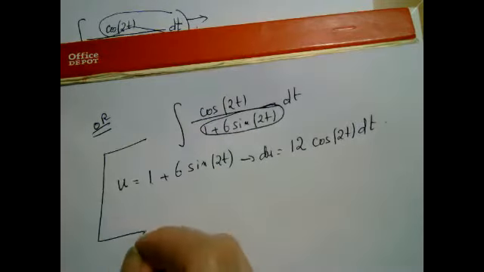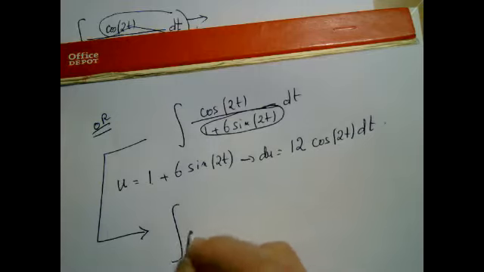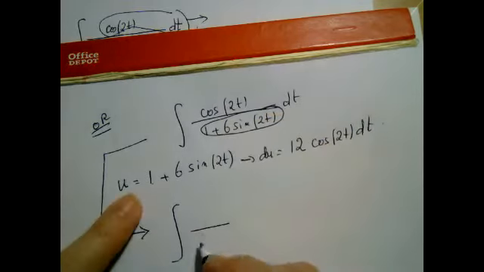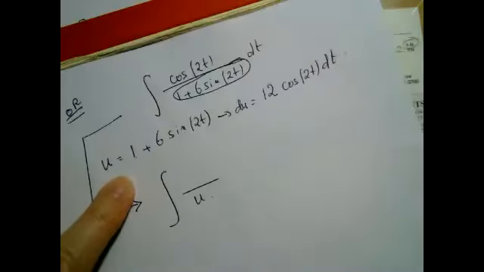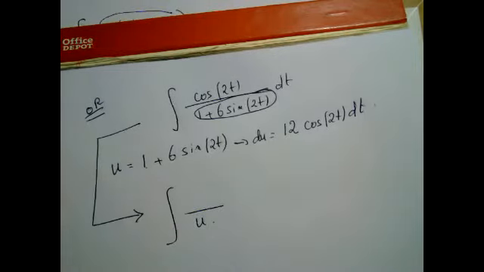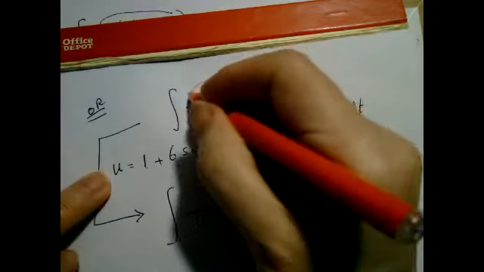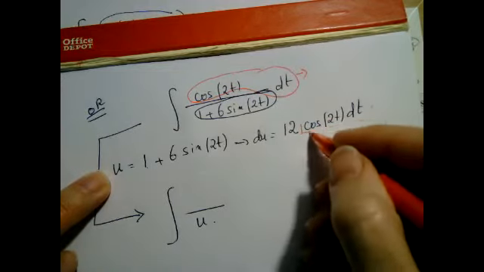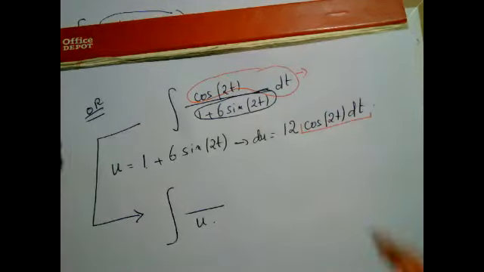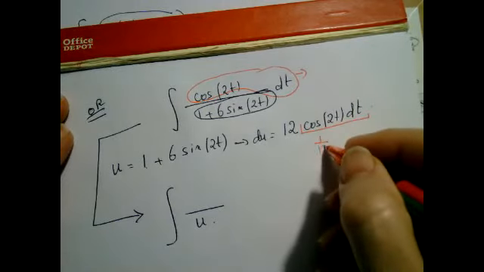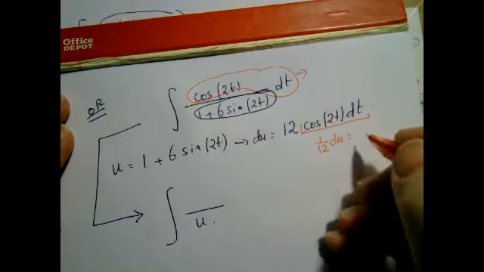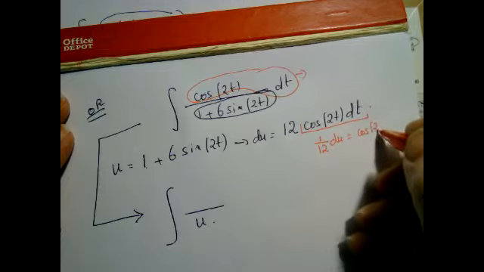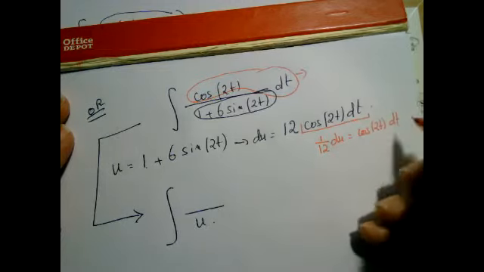And now we substitute. I will have the denominator now is my u. Now the numerator, cosine 2t dt. I need to isolate the cosine 2t, so I divide by 12, so 1 over 12 du. So exactly like before, but I took the whole denominator to be my u.